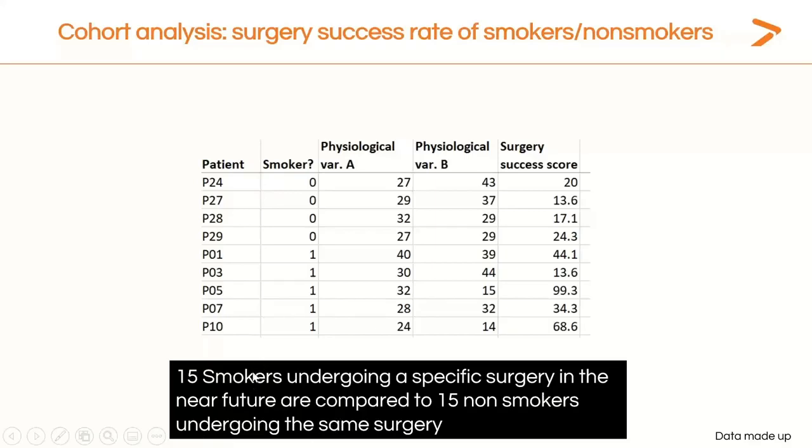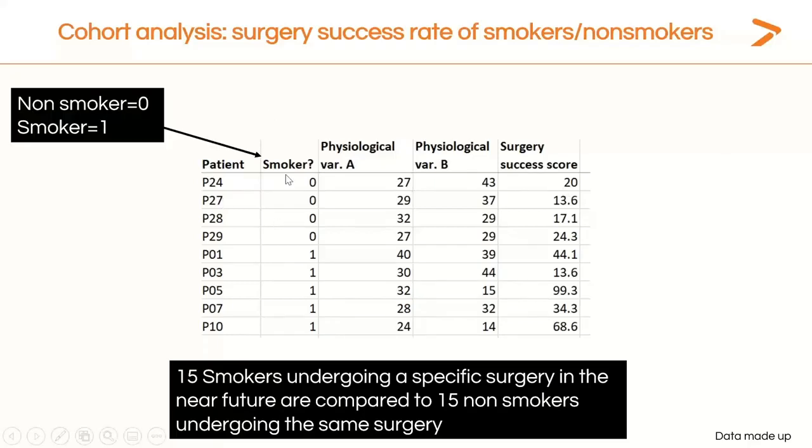So we set a group of smokers and a group of non-smokers who will undergo a surgery in the near future. And we followed several physiological variables, A and B, for instance. And at the end, after the surgery, we measured some score that measures the amount of success of the surgery, a score from 0 to 100 for each patient.